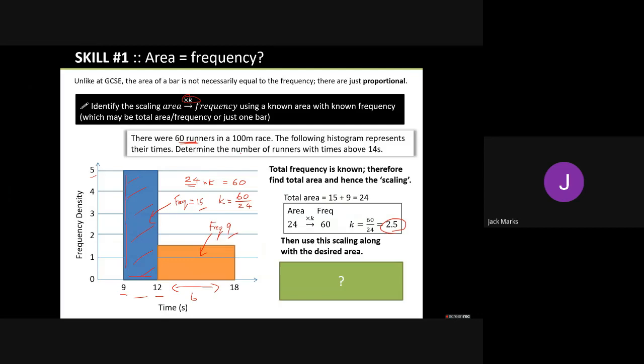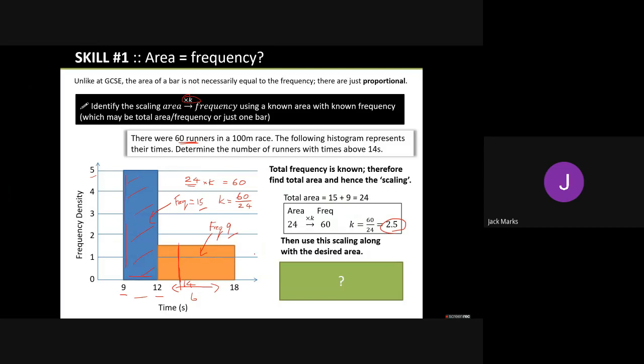So determine the number of runners with times above 14. Well, above 14, if I assume that the runners are equally distributed here, I have a fraction of this whole bar. So from 14 to 18 is 2/3 of this bar. This total bar is 9.